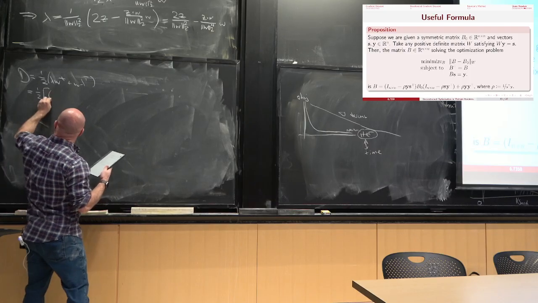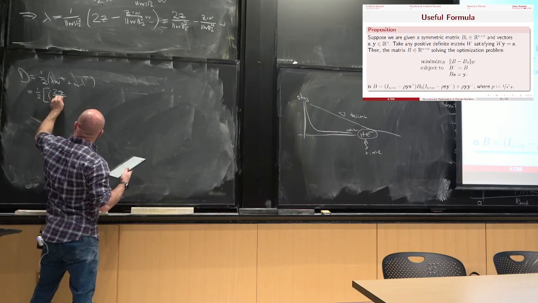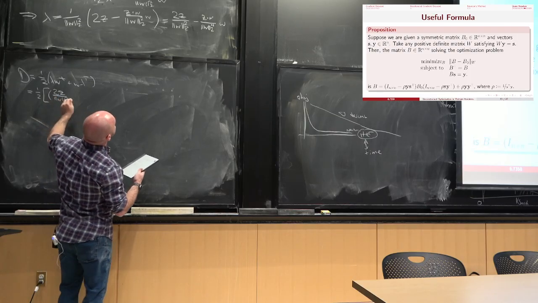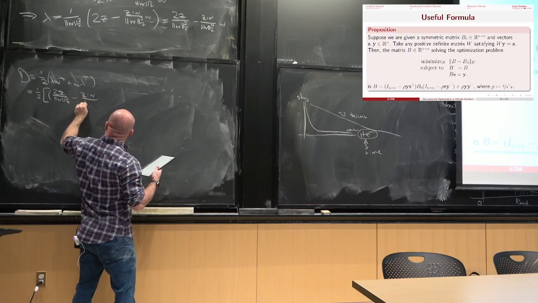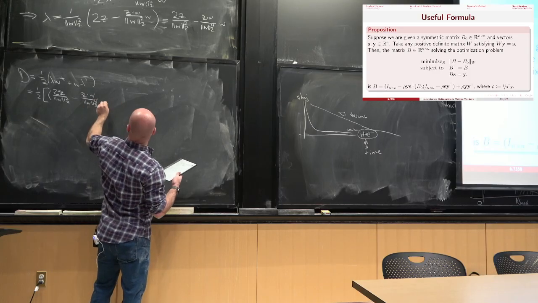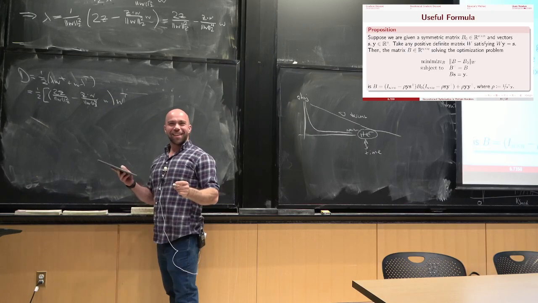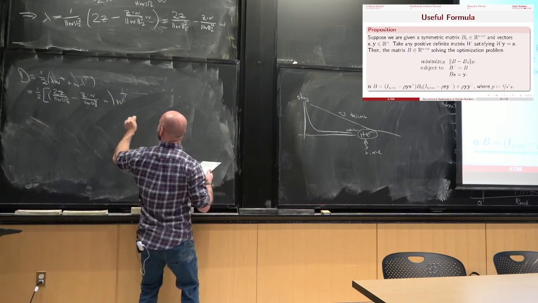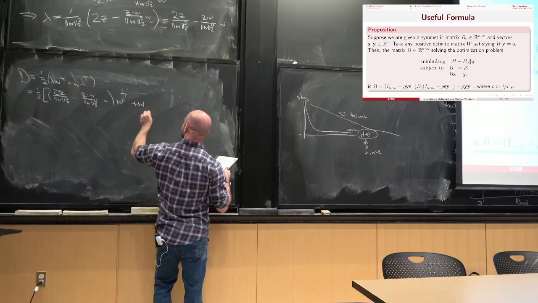So this is going to be 2z over the norm of W squared minus z dot W over the norm of W to the 4th times W transpose, halfway there, plus W times this darn thing transpose.